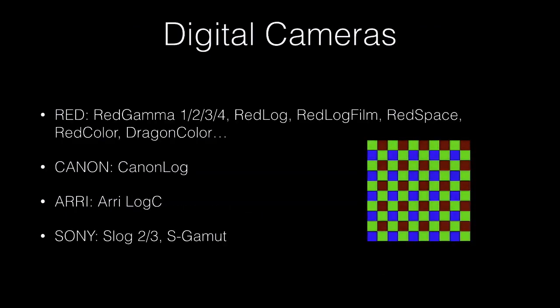So for example, with digital cinema cameras like the Red or the Arri Alexa, we have a lot of different mappings. With the Red, on one side we have the transfer function, with the Red gamma 1, 2, 3, 4, and Red log film. And then we have the gamut. That's where we map the original camera primaries to another color space that will be our working color space within the grading or the visual effects application.